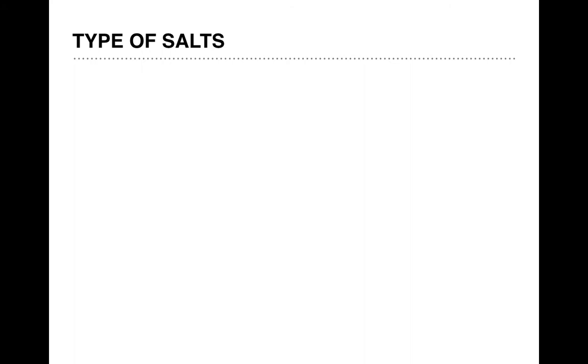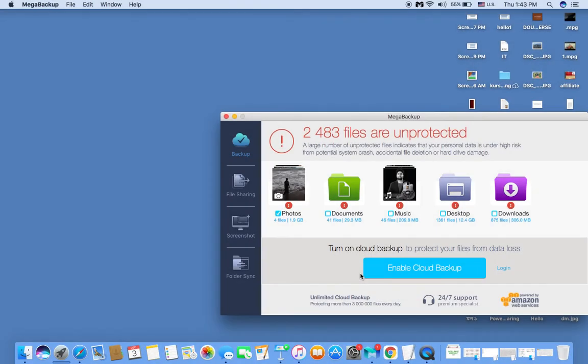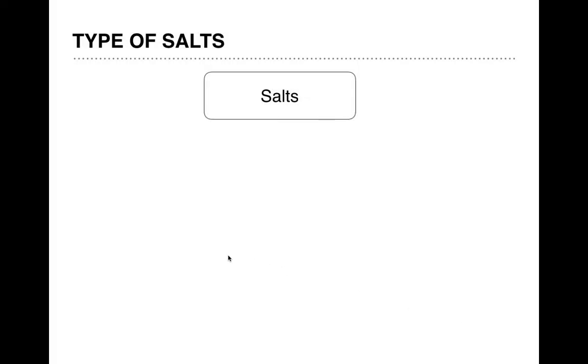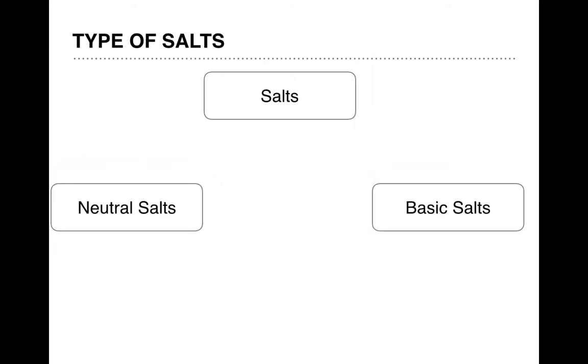Now the types of salts. There are three types of salts we can see. First is neutral salt, second is basic salt, and the third one is acidic salt, as you can see here.